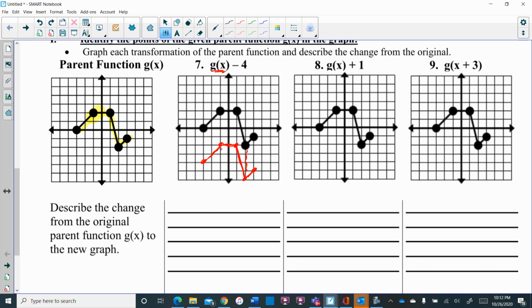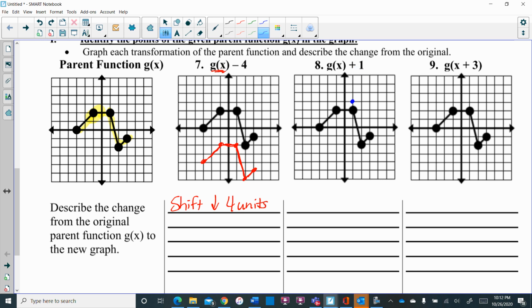So describe what happened to this graph. This graph basically was a shift down. I'm just going to use the arrow, down 4 units. That's all we're doing here, just describing how the parent function changed based on the new equation. So my parent function g of x is now plus 1.